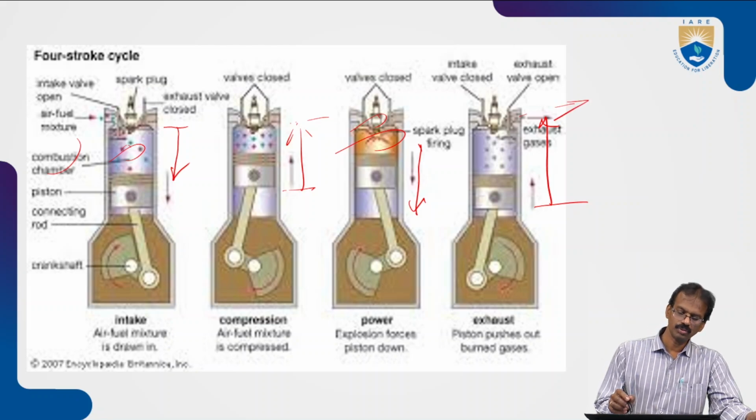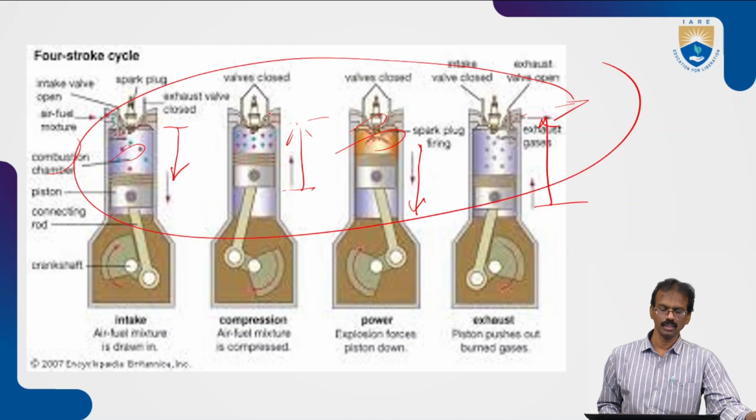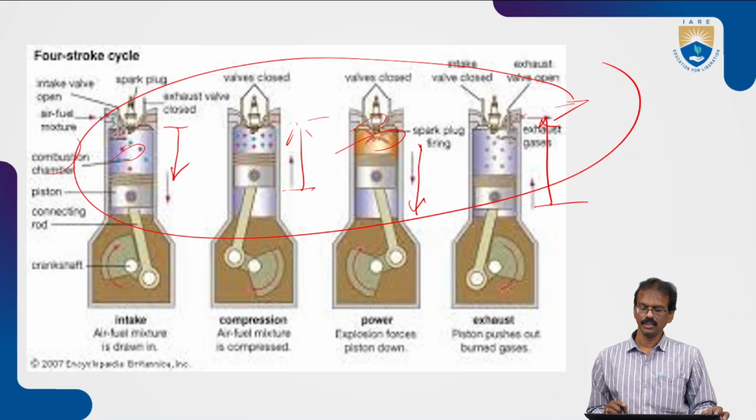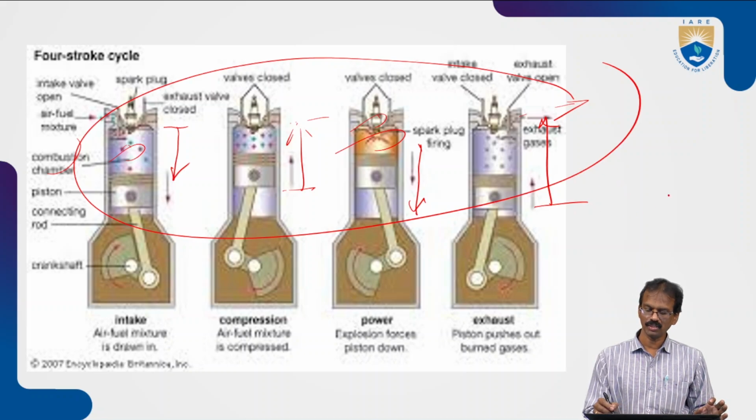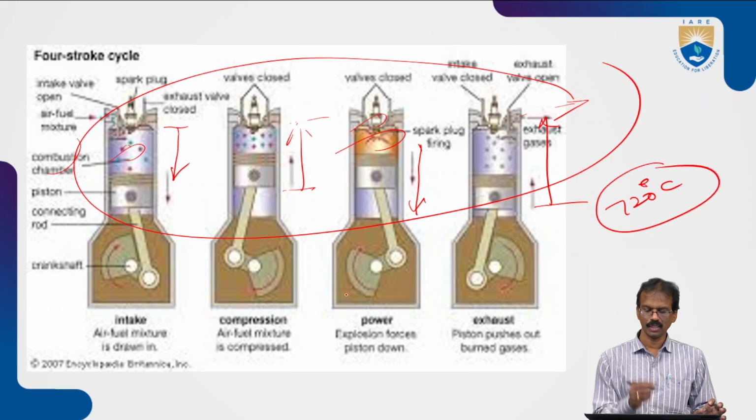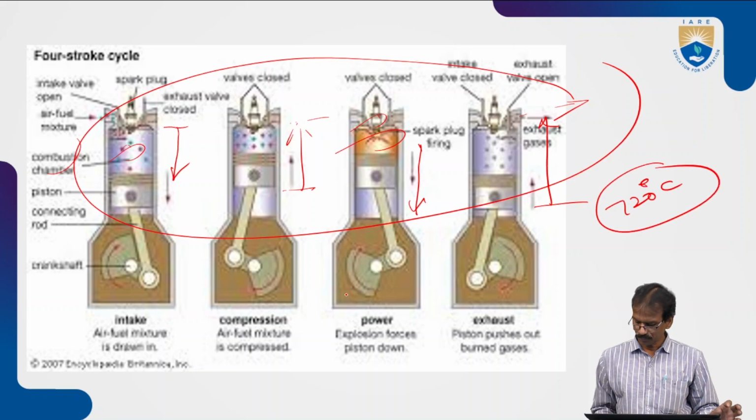So these are the 4 strokes. In the 4 strokes, one power cycle will be completed. For completion of the power cycle of 4 strokes, it takes 2 revolutions of the crankshaft. 2 revolutions means 720 degrees of movement of the crankshaft.